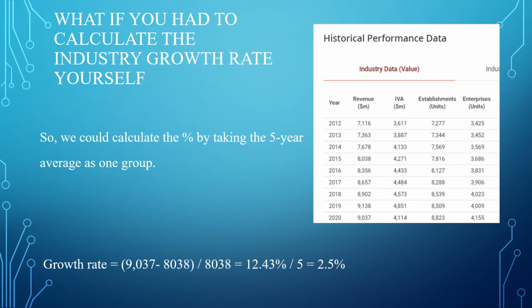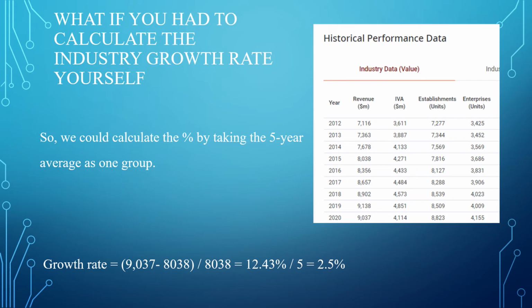Then we would divide that by the beginning revenue number, the 2015 revenue, 8,038,000,000, and we would get 12.43%. We divide that by 5 years, and we get an average growth rate of 2.5%.